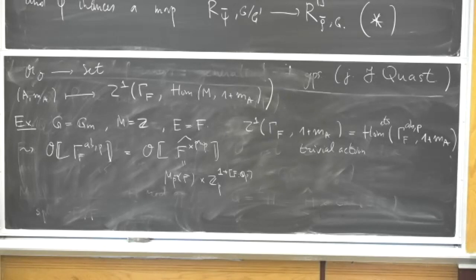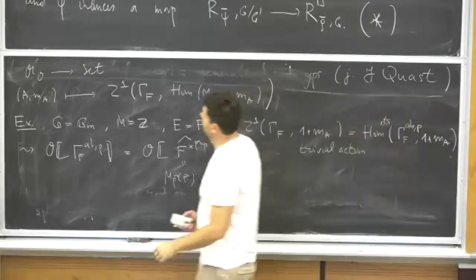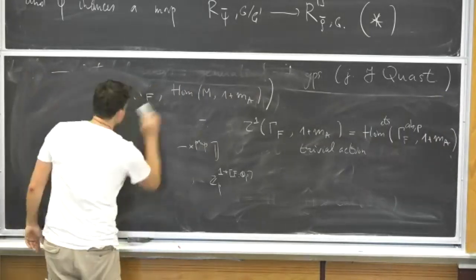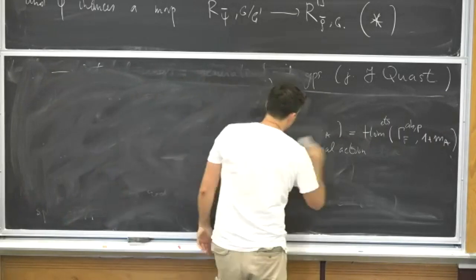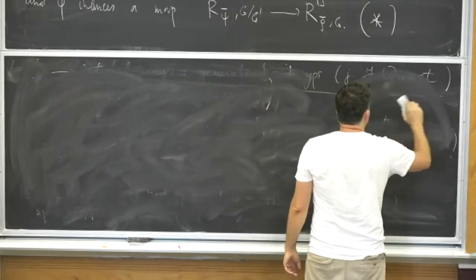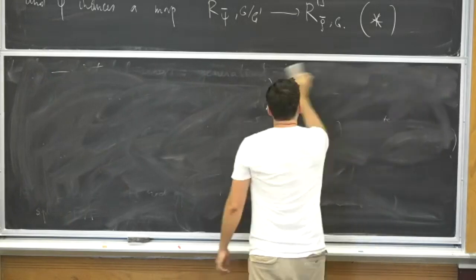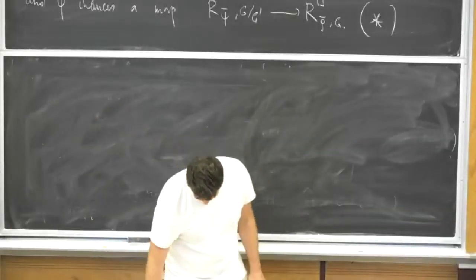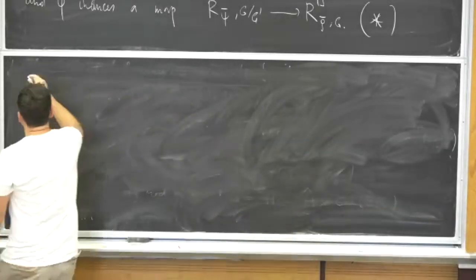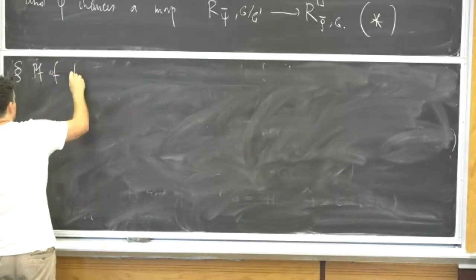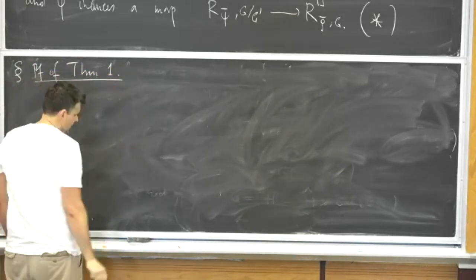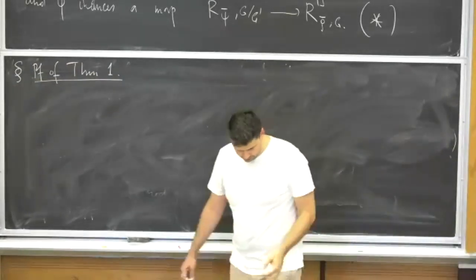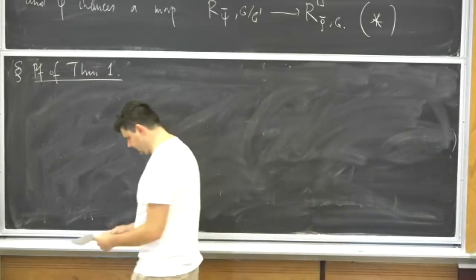So this is the expected dimension argument that's going to come now, and this is something that's maybe from the 80s.